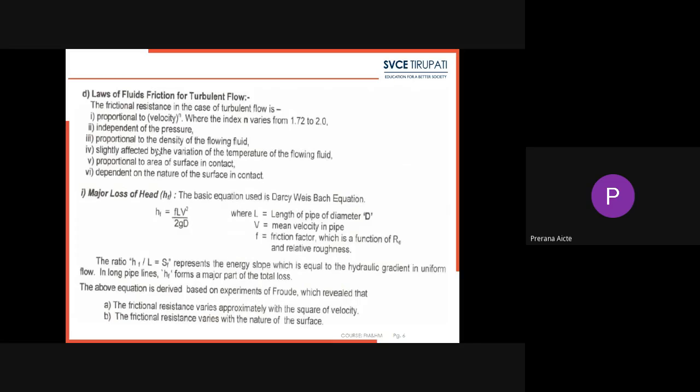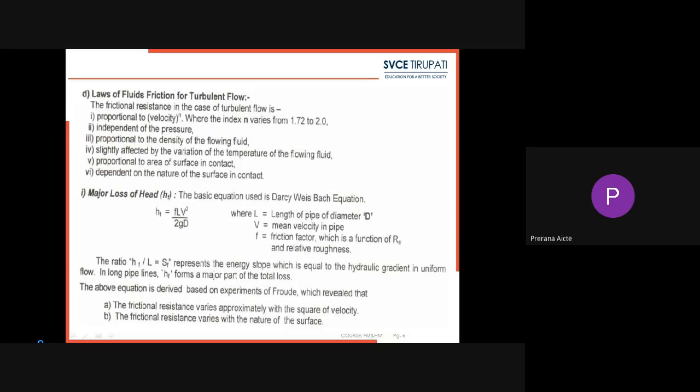Then the loss due to fluid friction for turbulent flow. The frictional resistance in turbulent flow is proportional to velocity power n, where the index n varies from 1.72 to 2. For smooth pipes the value of n is 1.75, and for rough pipes the value is 2.